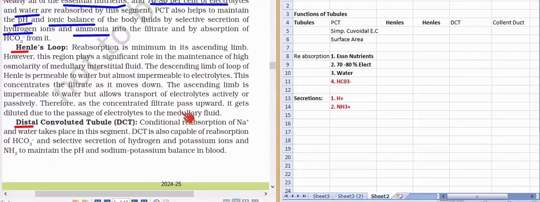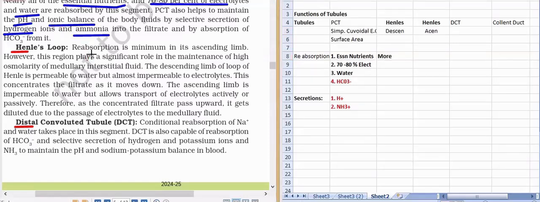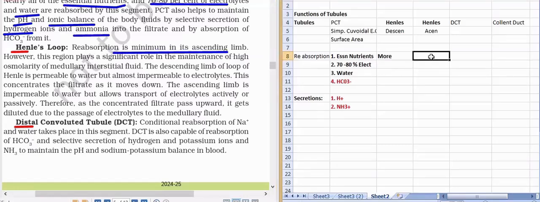Let's make notes. How to do? Here, first point in this: this is descending, and next is ascending. That's why I kept 2. Next, for the first one, the absorption will be more. See, the reabsorption is minimum in the ascending limb, which means it is less.